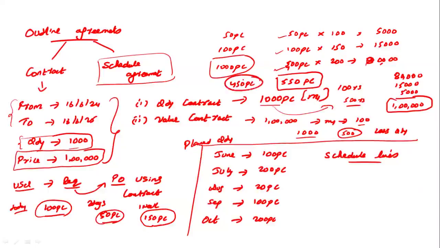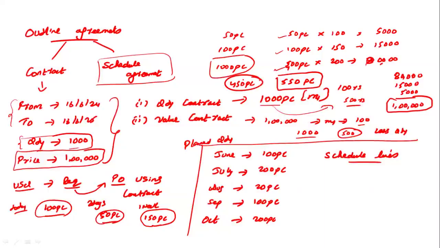In quantity contract, they are not bothered about the price. You just need to complete your quantity. In value contract, they are bothered about the price. When the total value of your purchase orders reaches 1 lakh, the contract gets closed. And there is no condition that you should buy 1,000 pieces. They will check the value there. In quantity contract, they will check the quantity.